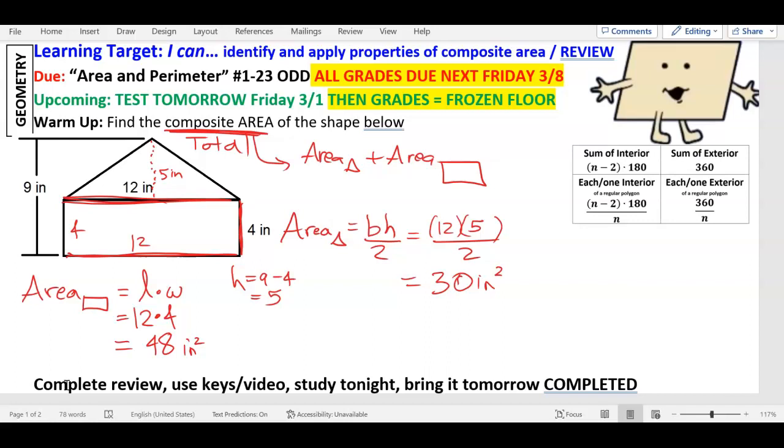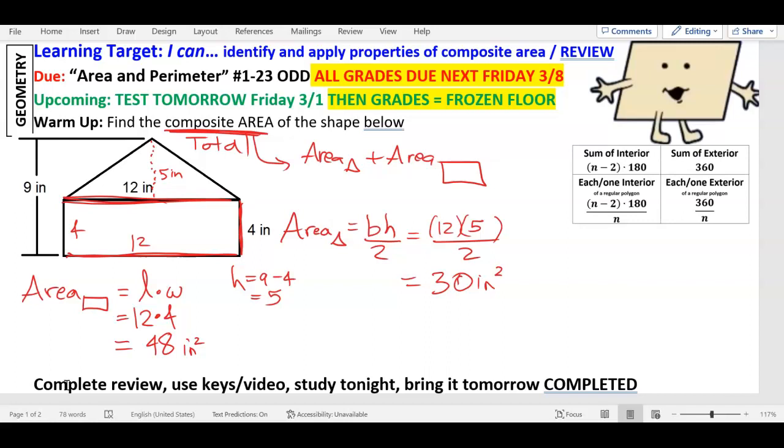I'm not just finding the top triangle. We said it earlier. What do I have to do with these two numbers to find the composite area? Subtract? No! It's actually the opposite of that. Add, right? So while you do have to subtract the headphones from your ears, when you get here, you have to add the pieces together to get the composite area, right?